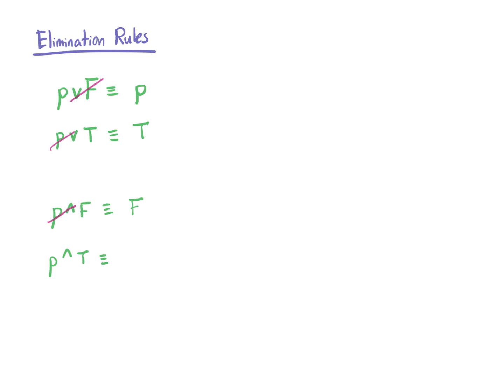Similarly, P and true, P and a tautology, is only true if P itself is true and false otherwise, which means that this is logically equivalent to P. The tautology and the conjunction are eliminated. So we can use these elimination rules to simplify logical expressions involving tautologies and contradictions.